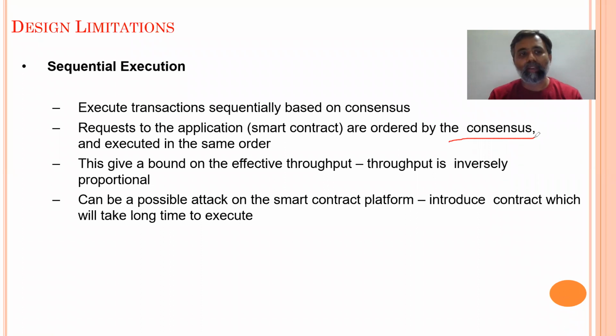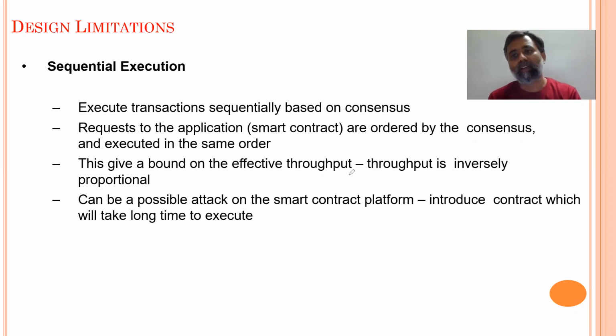So that's why the transactions will be executed in the same order the consensus will decide. And this gives a bound on the effective throughput. That is, the throughput is inversely proportional to that.